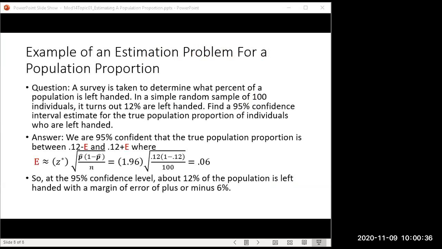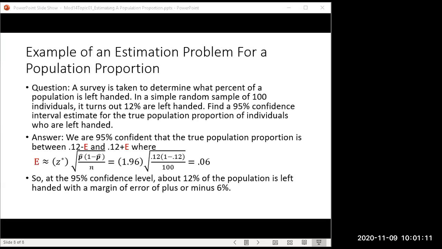So here's an example. We take a survey to determine what percent of a population is left-handed. We get a simple random sample of 100 individuals, and 12% of them turn out to be left-handed. But that's probably not really the true population percentage. So we want to find a 95% confidence interval estimate for the true population proportion.